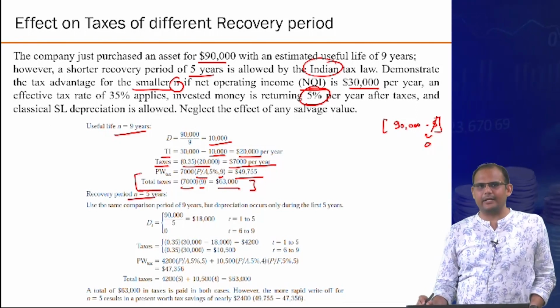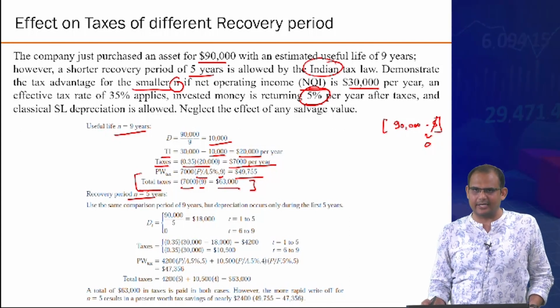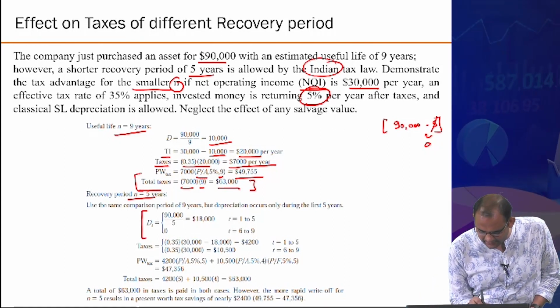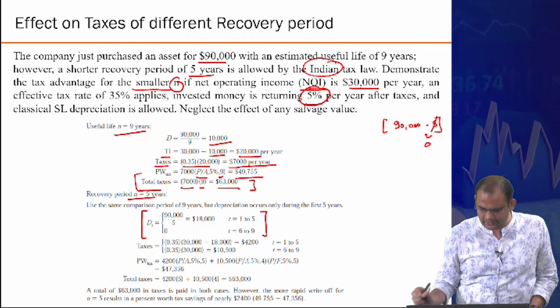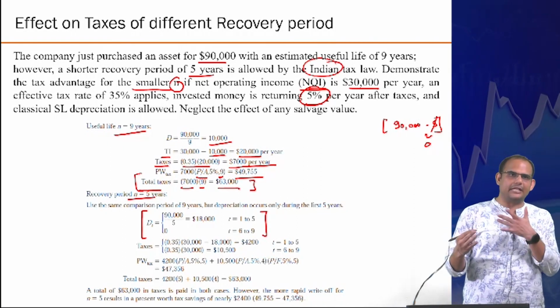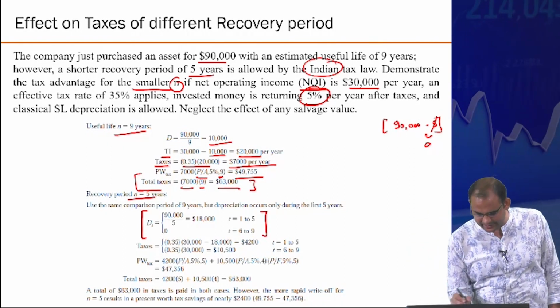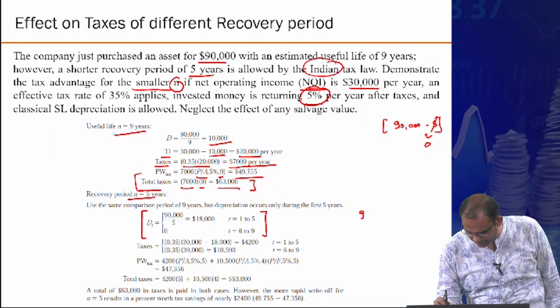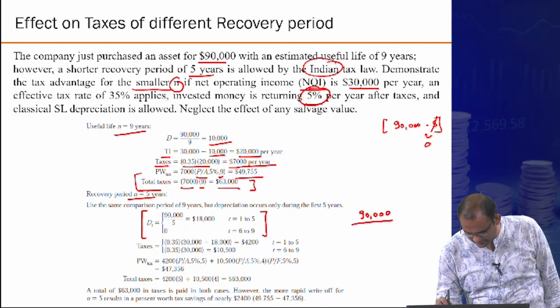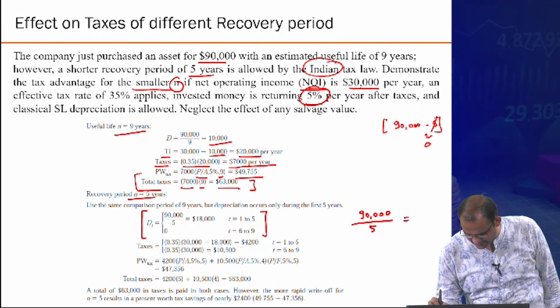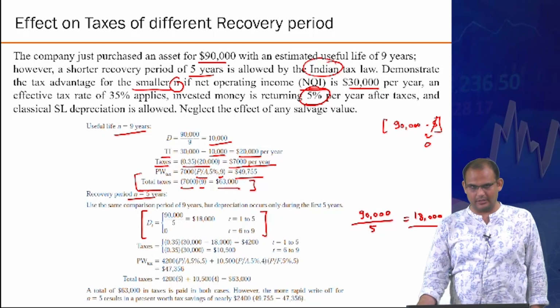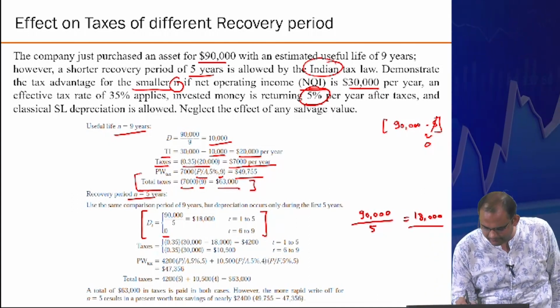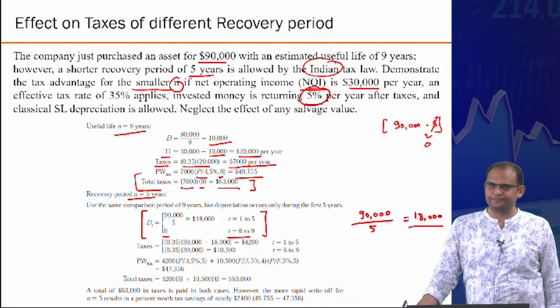Suppose the recovery period is 5 years instead of the original 9 years. So your depreciation has this kind of a formula. You are depreciating the asset faster. You are depreciating the entire amount in just 5 years now. So this is coming out to be $18,000. No depreciation between years 6 to 9.